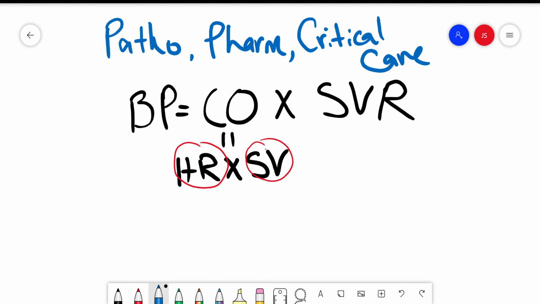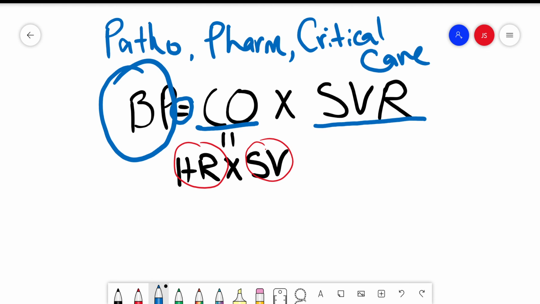Just this one equation: blood pressure equals cardiac output times systemic vascular resistance. Of course, we need to know what these terms mean, and in the next video, I'm going to define them. Then we're going to cover the four or five classes of drugs for blood pressure that would affect these different factors. Right now, this is just a general description.